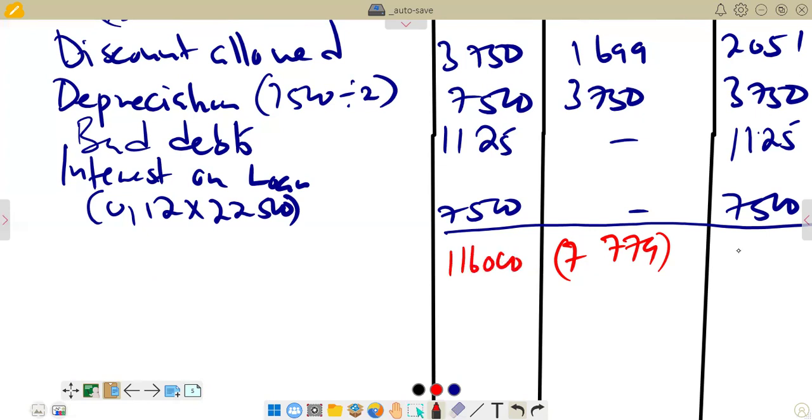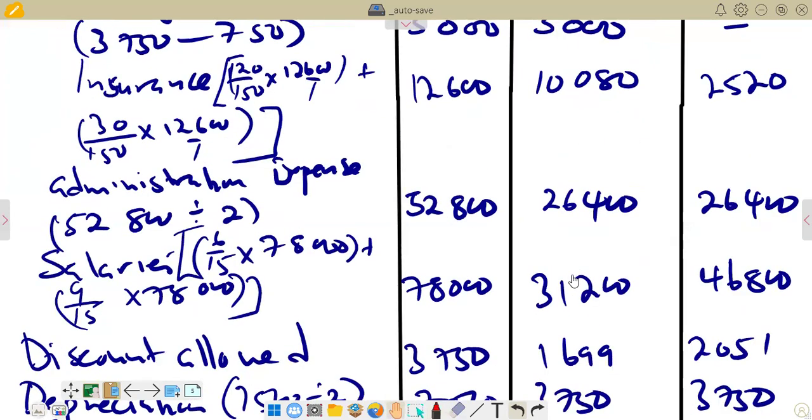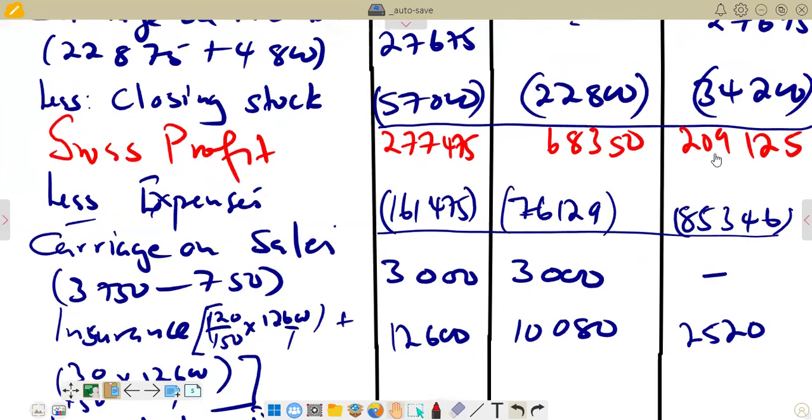Then we'll do the same for our stove departments. We go back there to check the actual figure that we are calculating. So for the stove, we're saying 209,125 minus 85,125. And get you 124,000.